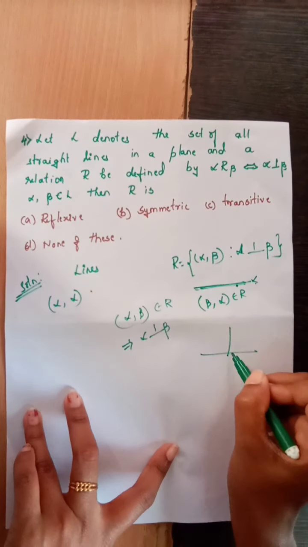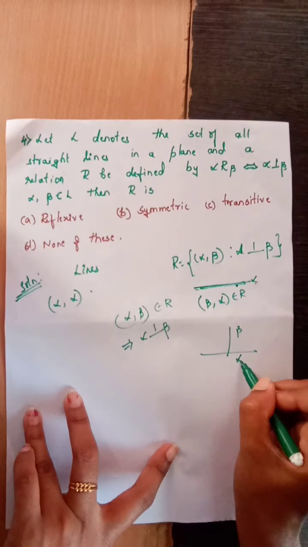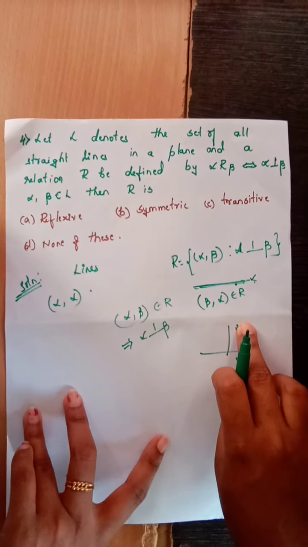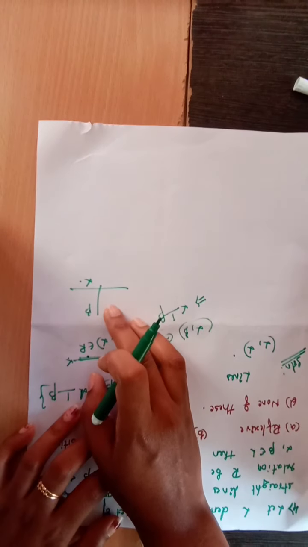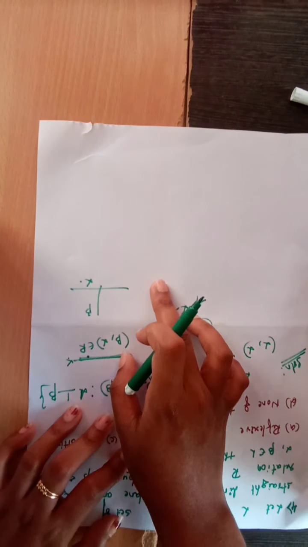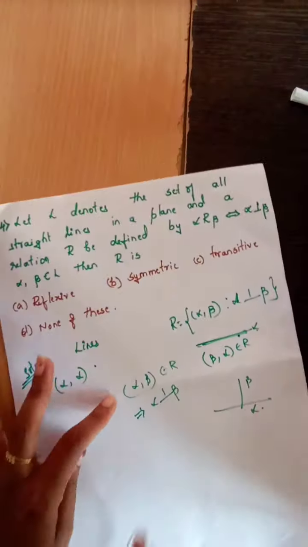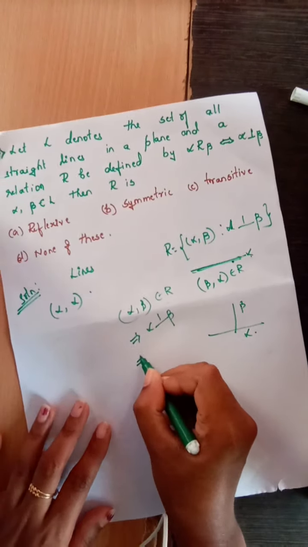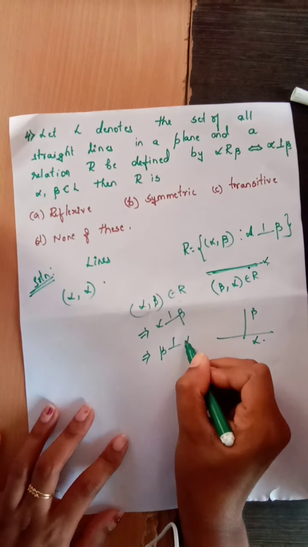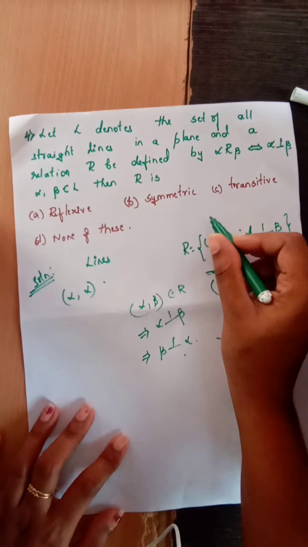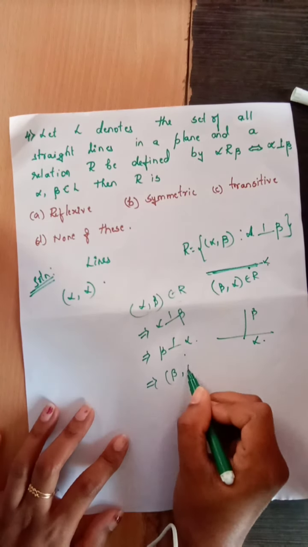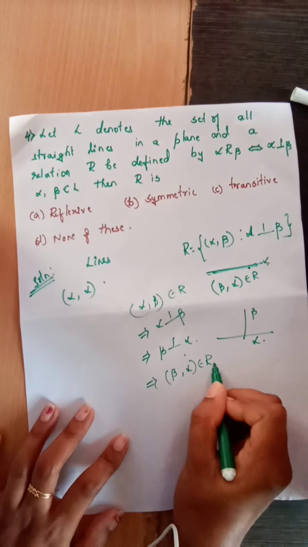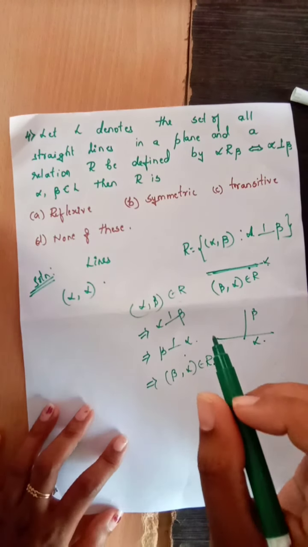If I take the reverse, you can see that beta is also perpendicular to alpha, correct? If beta is perpendicular to alpha, according to the definition of the relation, the ordered pair beta comma alpha belongs to R. So this particular relation is symmetric.